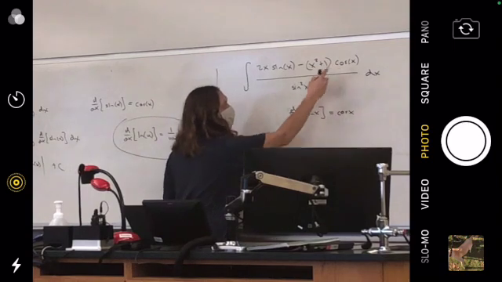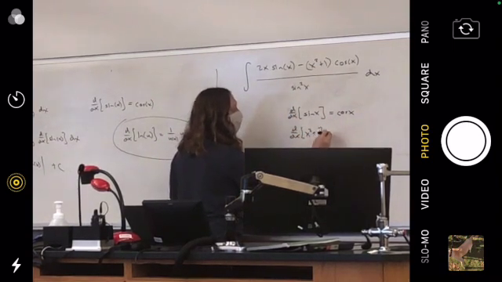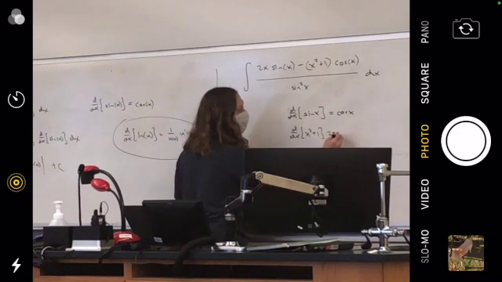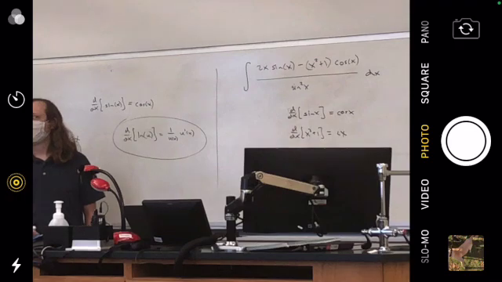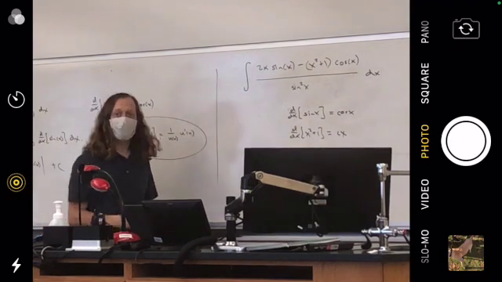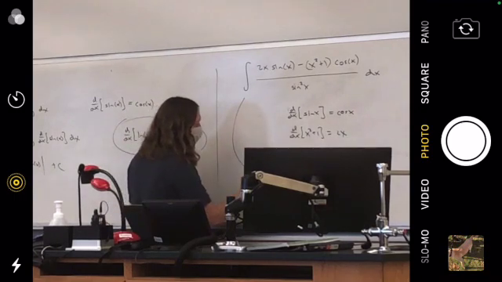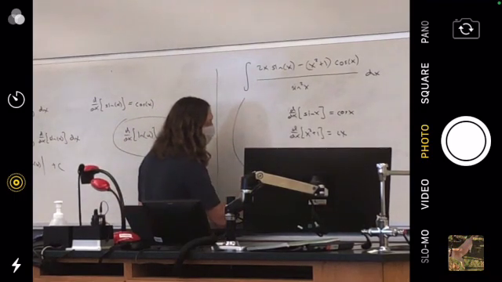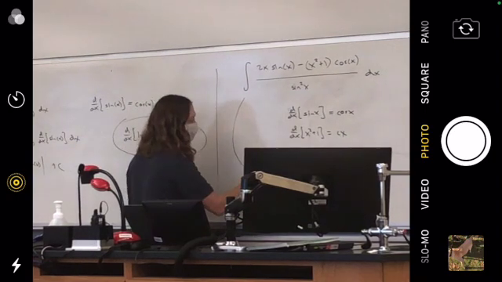That gives me cosine of x. What's the derivative of x squared plus 1? 2x, which is the other thing I have sitting here. Which one needs to be on the bottom if this is a quotient rule? Sine of x. So I know I need a sine of x on the bottom. What would be left on the top? X squared plus 1.